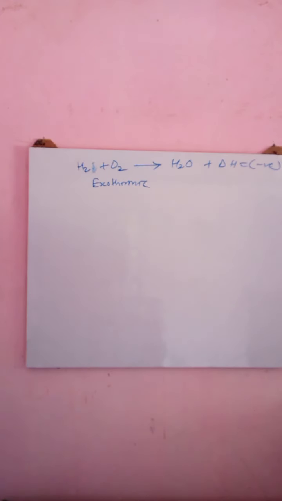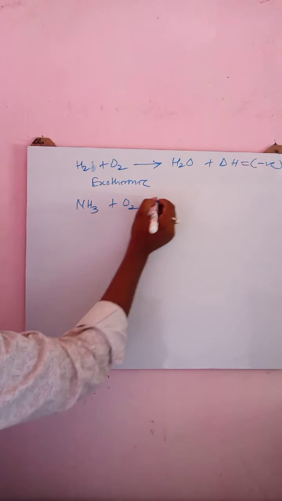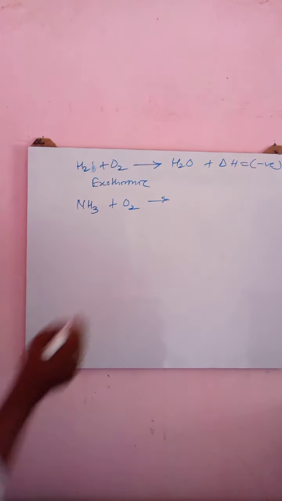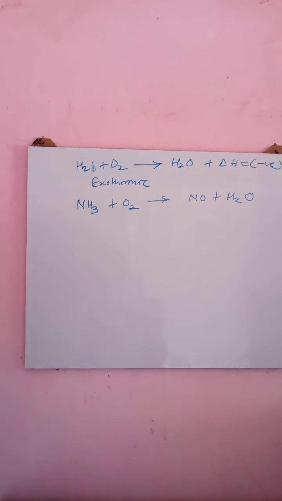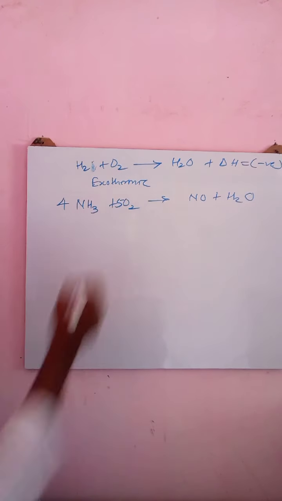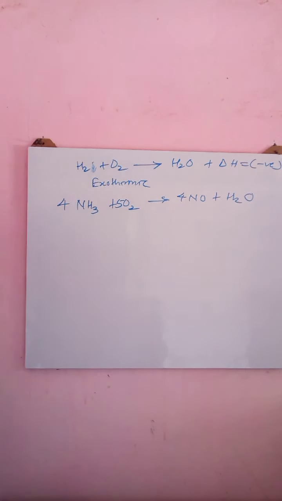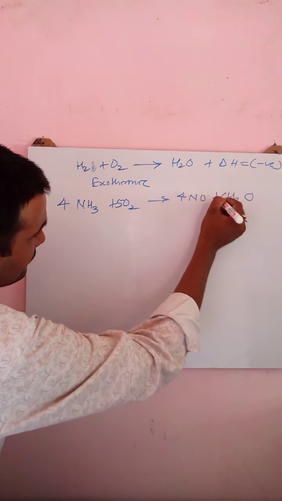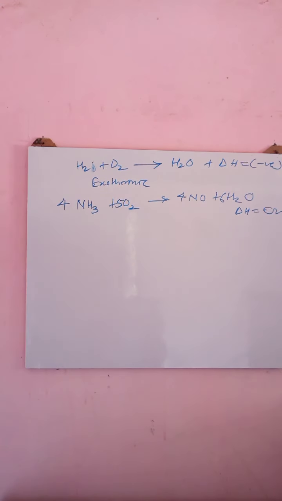When delta H is positive, the reaction is endothermic. One more is oxidation of ammonia. NH3 plus O2 gives NO plus H2O, nitric oxide plus water molecule. To make it balanced, you have to put stoichiometric coefficients 4, 5, 4 and 6H2O. Here delta H is negative, so this reaction is an exothermic reaction.